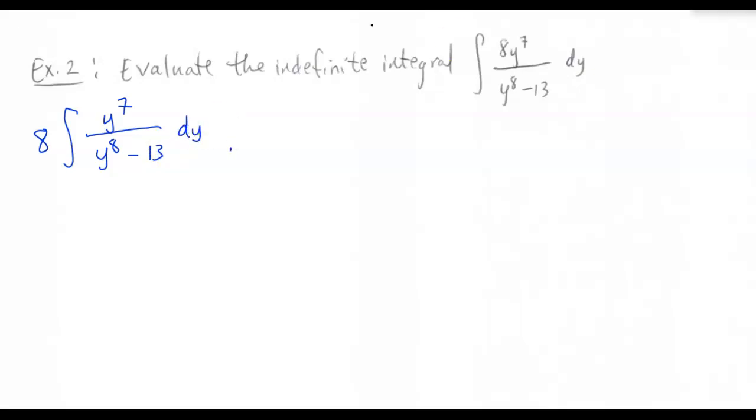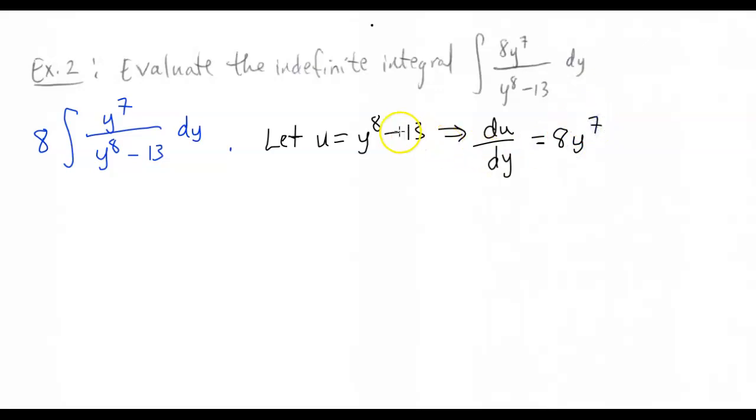And so now let u equal y raised to the 8th minus 13. That's going to imply that du over dy is going to be equal to 8y raised to the 7. And of course, the derivative of any constant is 0.